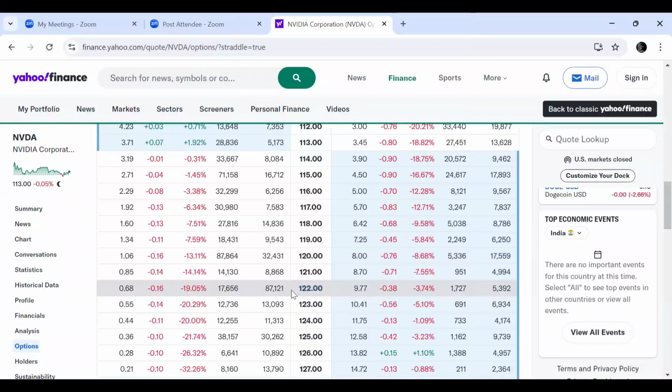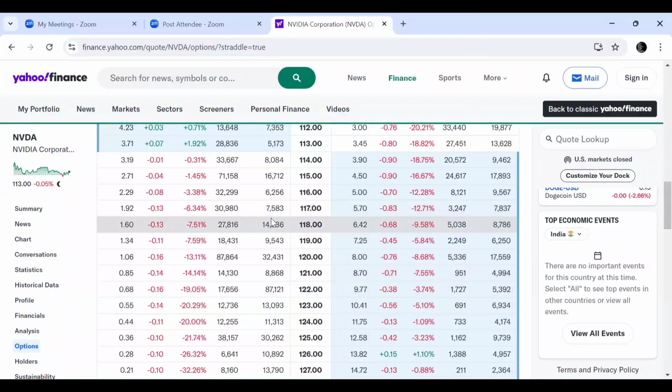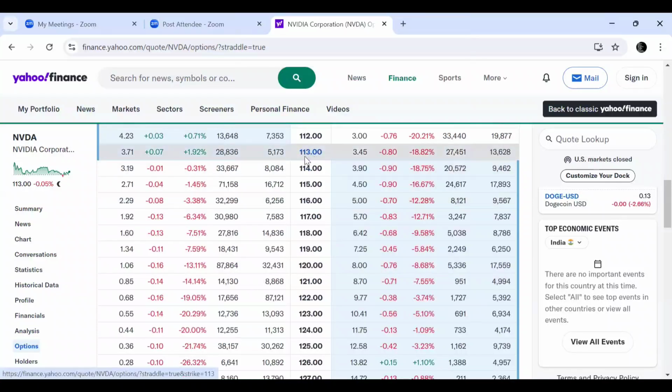And again at $122, 87,121 contracts had been purchased. So here you can check from $113 where you can find the high contracts. You can find the high contracts at $120, and you can find the high contracts at $122. And again $125 among the remaining strike prices.